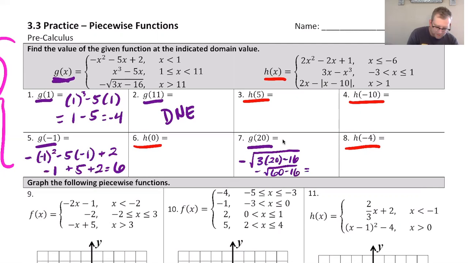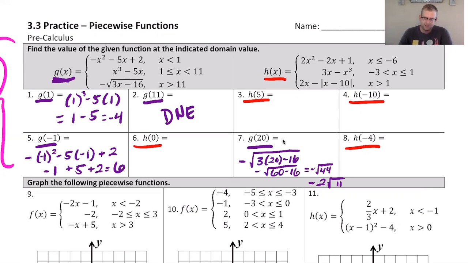Oh my gosh, I hope I'm not wrong. Yes. Oof. All right. Negative square root of 44. Then 44 breaks down into 4 and 11. 11 is prime, so it's going to stay inside the radical. The square root of 4 is 2, so it's negative 2 root 11. Cool. Now, if you're not good at simplifying radicals, I would also take some time to maybe look up some other YouTube videos on simplifying radicals.